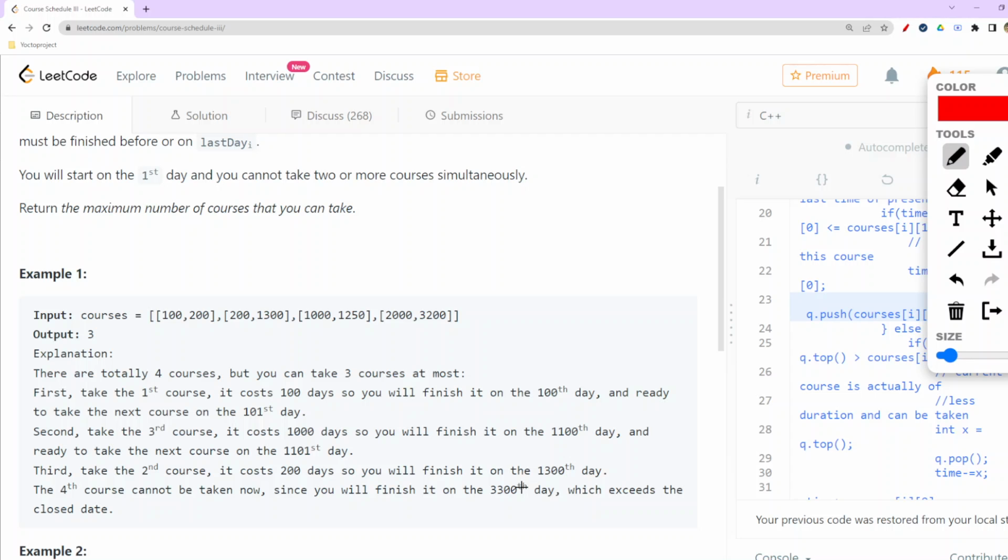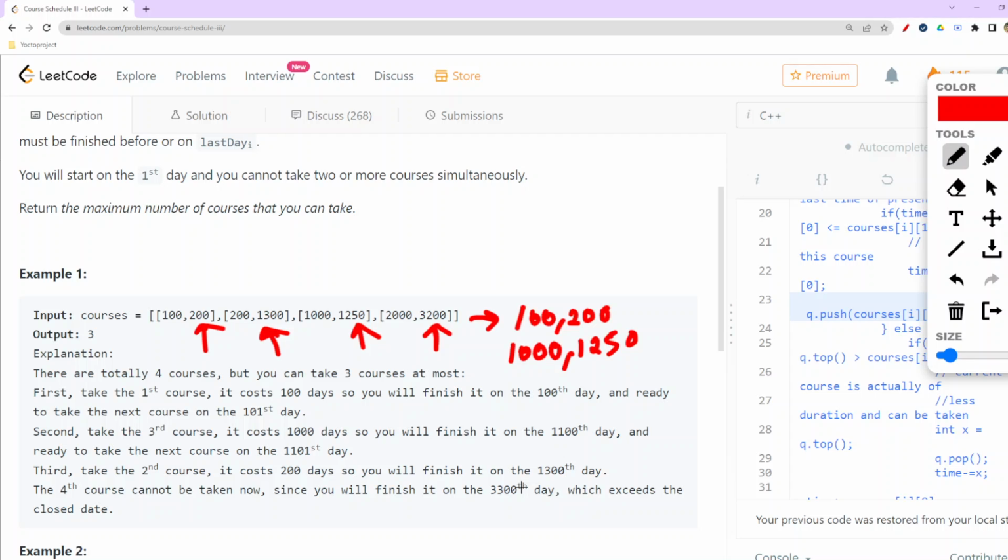So now comes the part that there is some more requirement for this particular question. We sort all these, and the sorting needs to be done in increasing order of last day, right? So the new vector would become something like this: 100, 200, and then 1000, 1250.